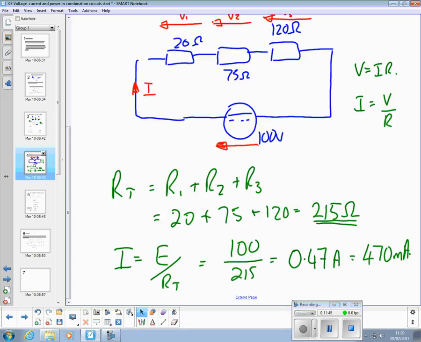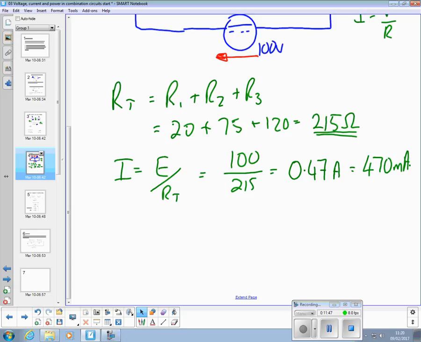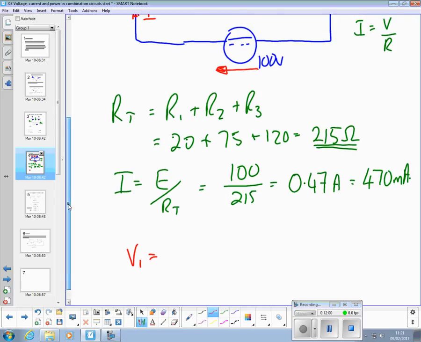Now how do we find V1? I times, you need to specify which R. R1.